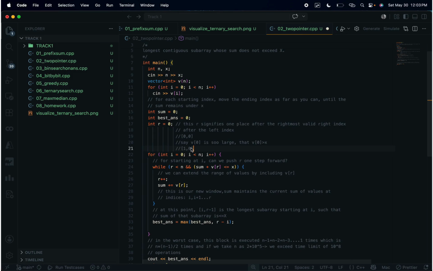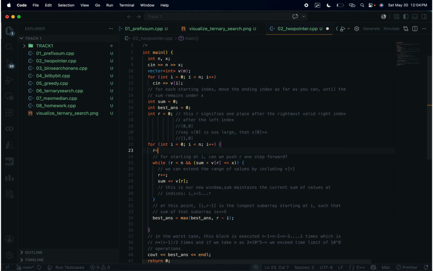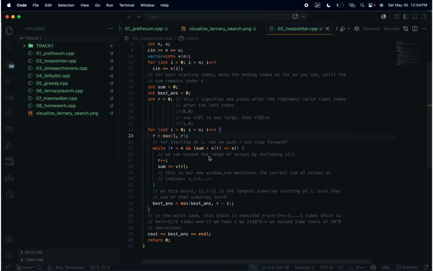This is something which is physically quite incorrect. So each time we see that the L becomes more than R, we just set R to become max of L and R.